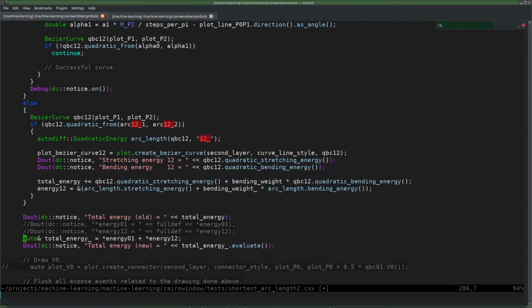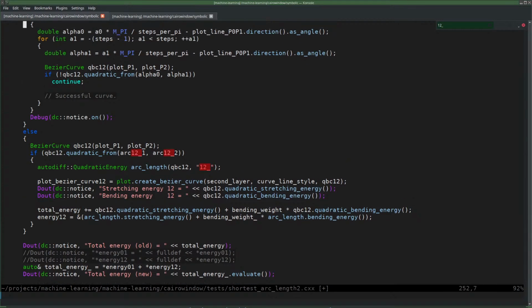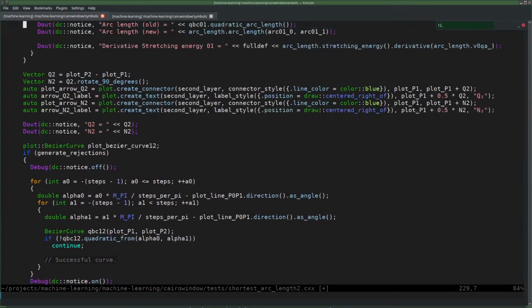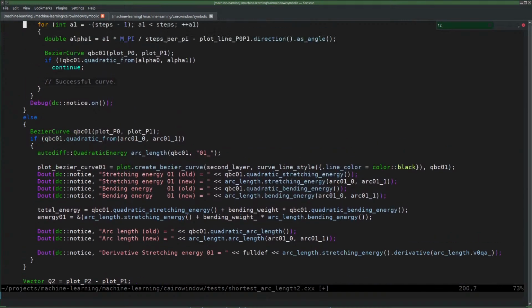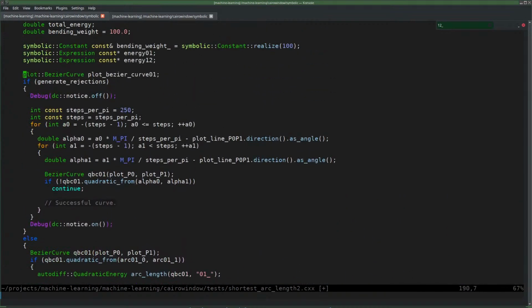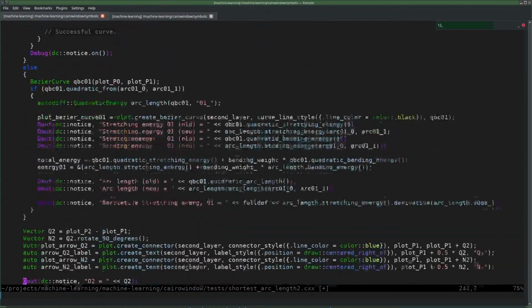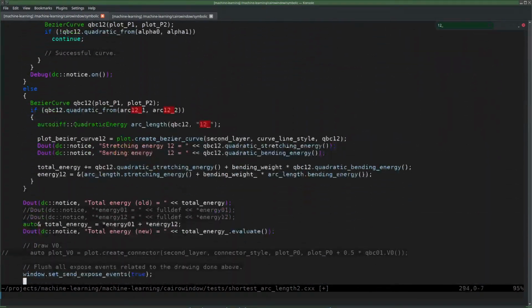So I should not even be doing this while generating rejections. There is an else here, which is done, generate rejections, and then here the same thing. So you copy this. Let's only do this while not generating rejections.